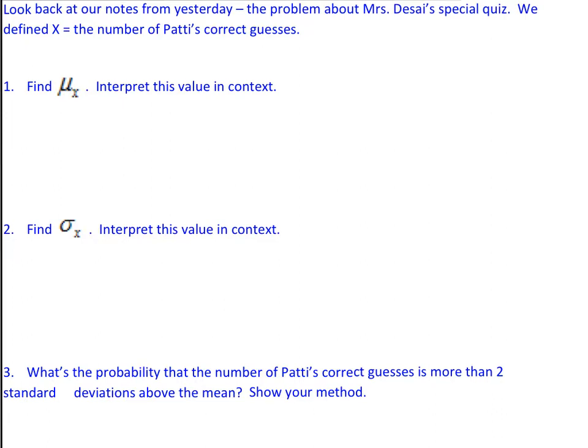Now I know we established this before, but I just want to be clear. If you were doing this like a test question or a homework or a quiz question, what am I looking for as far as a response?